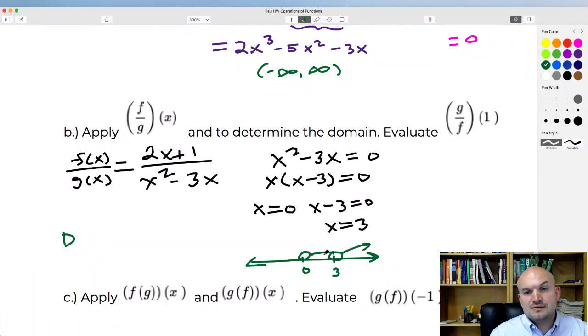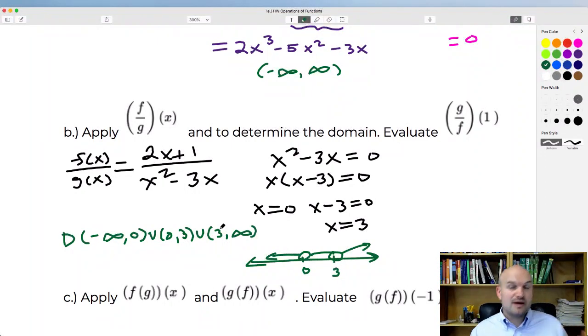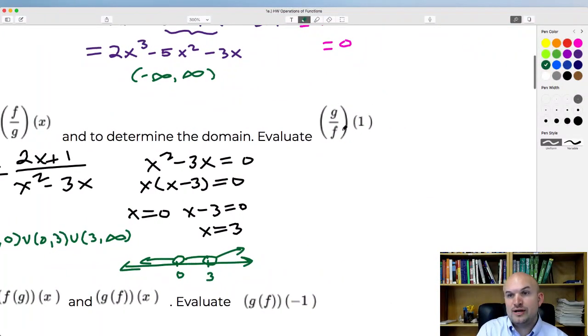Everything else is covered. So therefore we'd write the domain like this: negative infinity to 0, union 0 to 3, union 3 to infinity. Okay, that's how we'd write that domain for all real numbers except for 3 and 0. All right. Now the next one is basically taking us for what is g of 1 over f of 1.